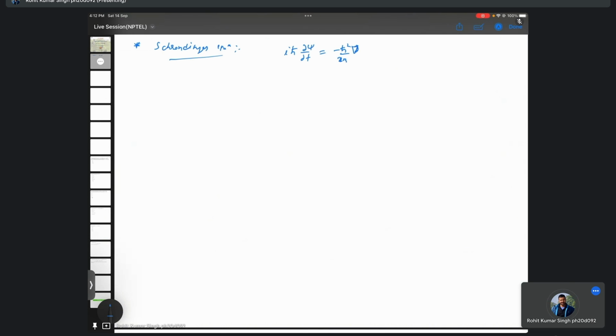The Schrodinger equation in 3 dimensions is written like this, right? Now here you can see that the time derivative is of first order, but the space derivative is of the second order. So space and time are not on equal footing here.